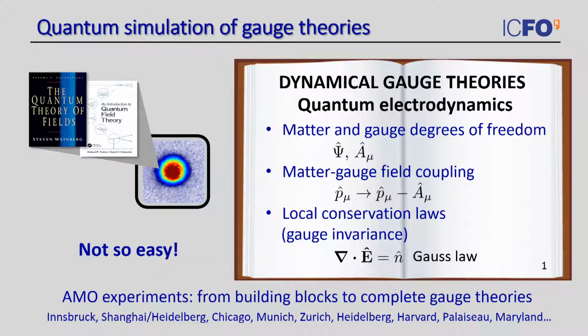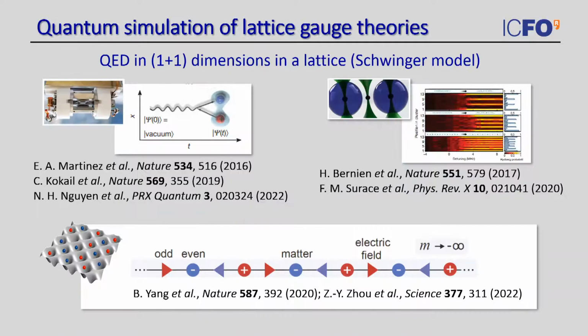However, I think it's really nice to see that over the last years, more experiments have been making a lot of progress in this direction. The first experiments started by just implementing key ingredients, then moved to building blocks, and now we have complete implementations of gauge theories. And all experiments that have been done until now realize a discretized version, a lattice version of QED in 1+1 dimensions, so 1 spatial dimension and 1 temporal dimension, that Monica talked about.